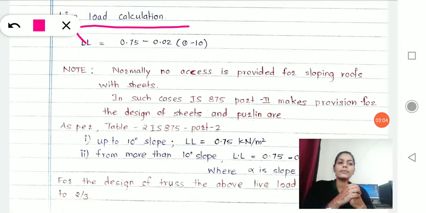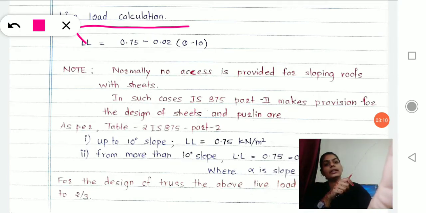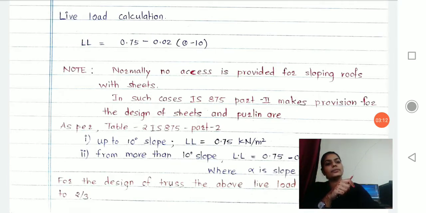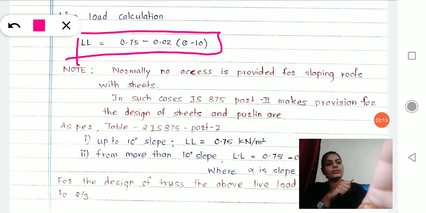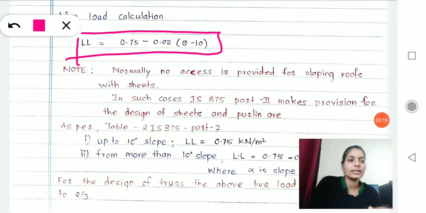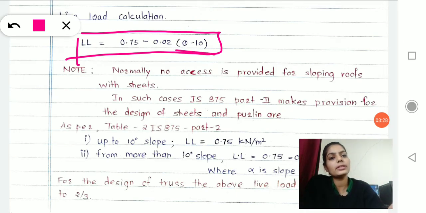To calculate live load I need to follow this formula, which says live load is equal to 0.75 minus 0.02 times, in brackets, theta minus 10.